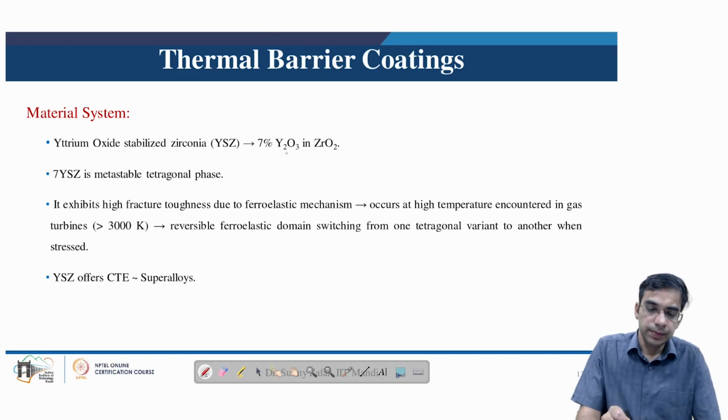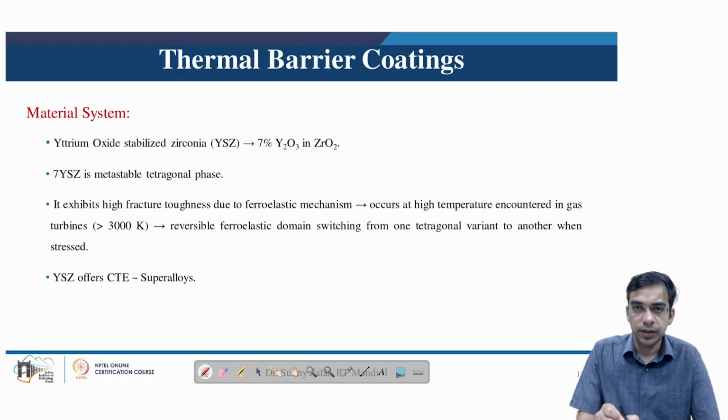So this 7% yttria stabilized zirconia forms a metastable tetragonal phase which exhibits high fracture toughness due to a ferroelastic mechanism, which occurs at the high temperature encountered in gas turbines, of the order of more than 3000 Kelvin.